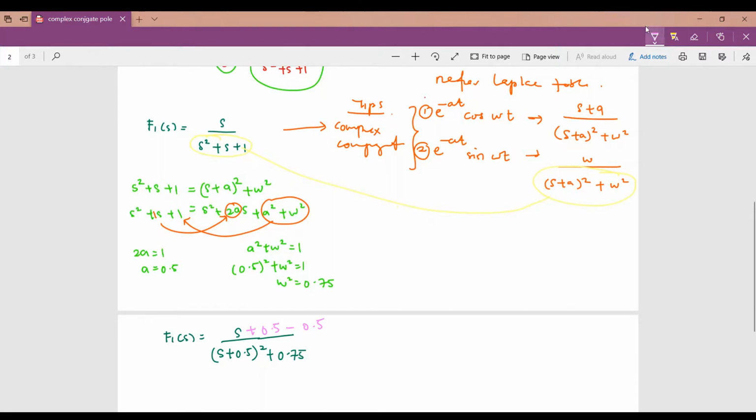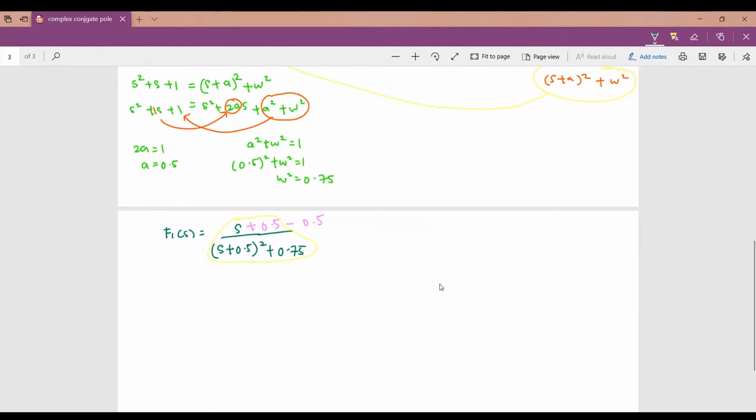Okay, so actually I successfully create the yellow one. This one is the same with this one, the yellow one. I'm circling the yellow one here, which is exponent negative at cos omega t. But I'm still left with negative 0.5, so I need to do a little modification again.